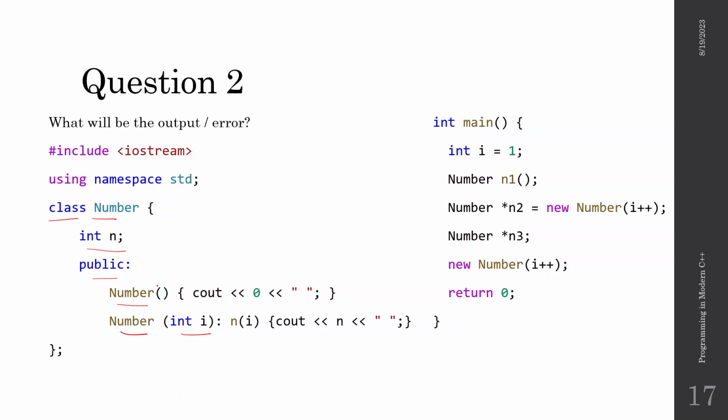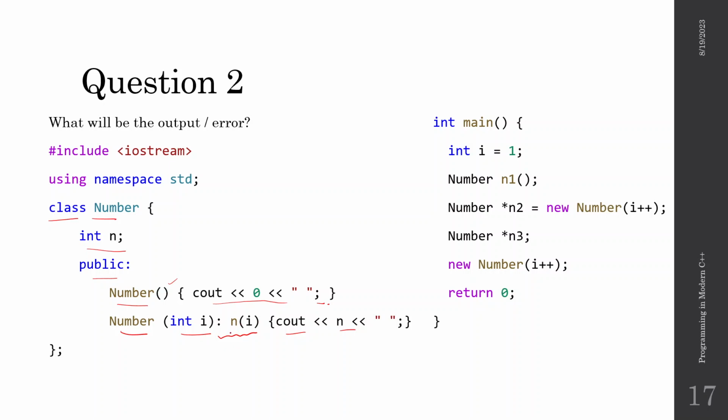Now the first constructor, the default constructor, prints 0 and then a space. The second constructor accepts the argument, and this syntax is called an initialization list. Then in the body of the constructor, it prints the value of n.